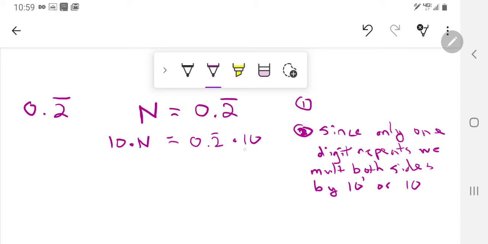As long as we multiply both sides of that original equation by 10, we're going to have the same solution. It's basically an equivalent equation.